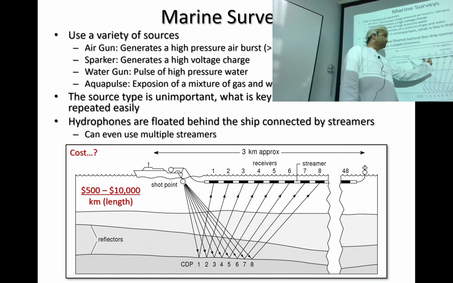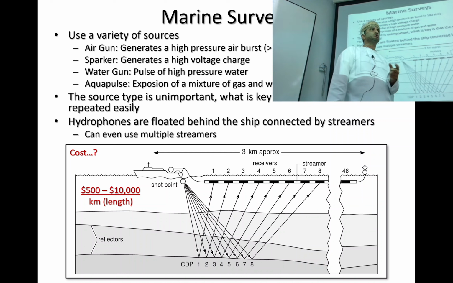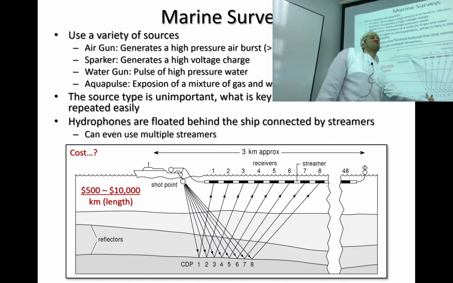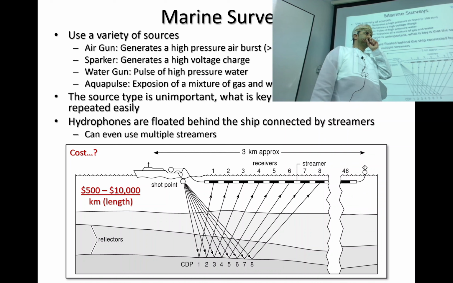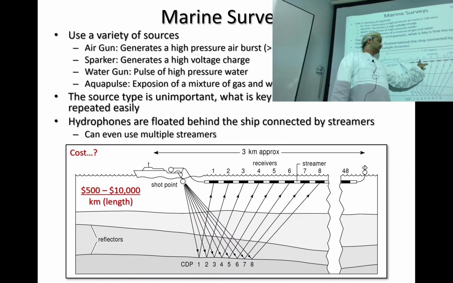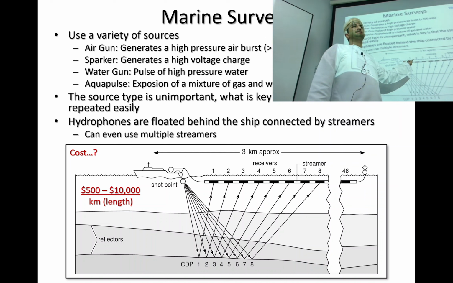I can make this one smaller. Let's say that the spacing between geophone group 1 and geophone group 2, the center of these geophones, hydrophones at least in this case, is 20 meters.